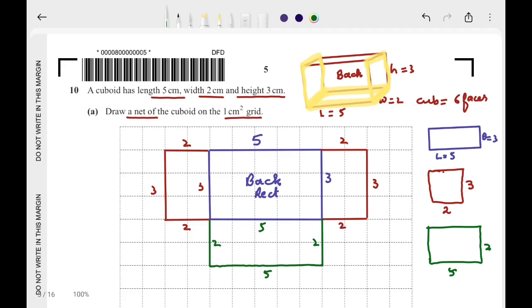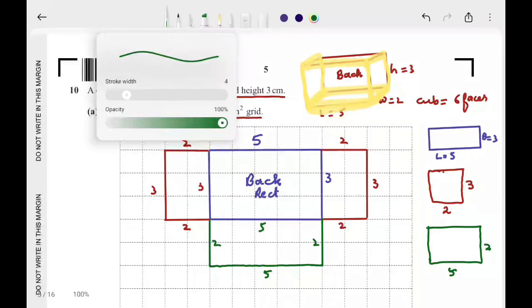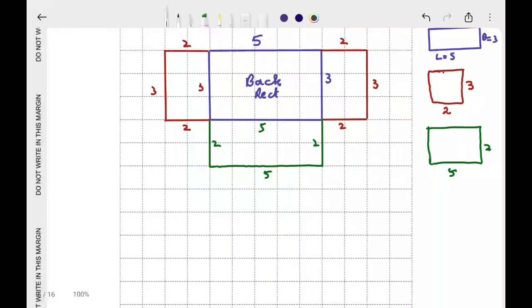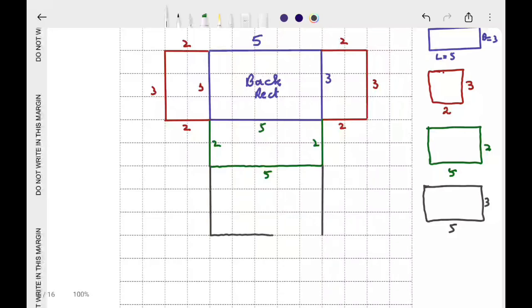Now afterwards check the front one, and let me draw it. Its length is 5 and height is 3. 1, 2, 3, 1, 2 and 3, and 1, 2, 3, 4 and 5.